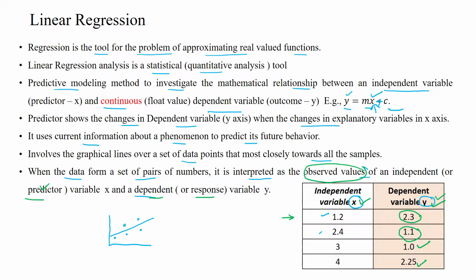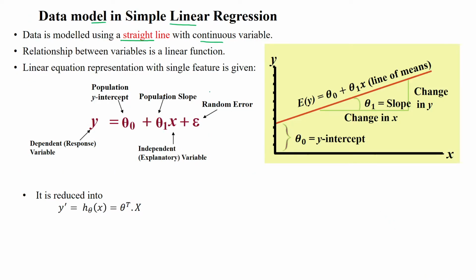So linear regression always has continuous values with the floating point data type. That's why it is called a continuous variable, and the relationship between the variables is represented by the linear function y equal to mx plus c.